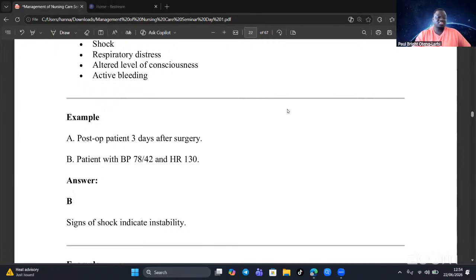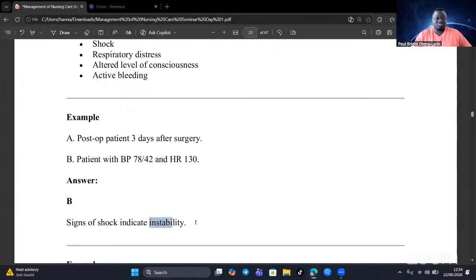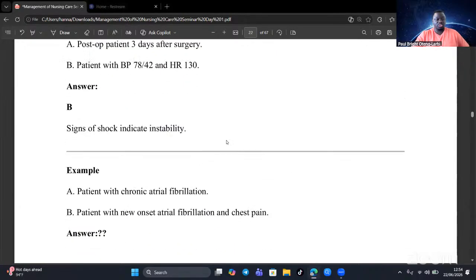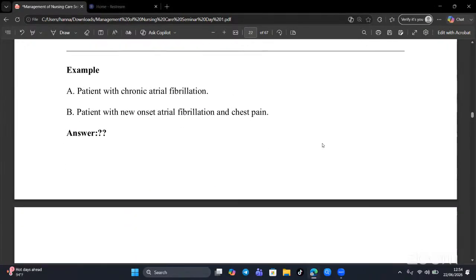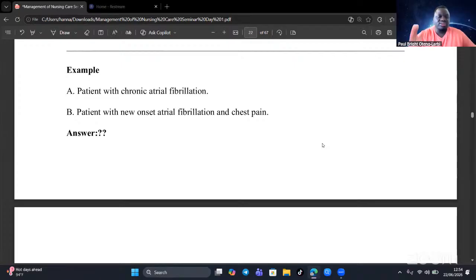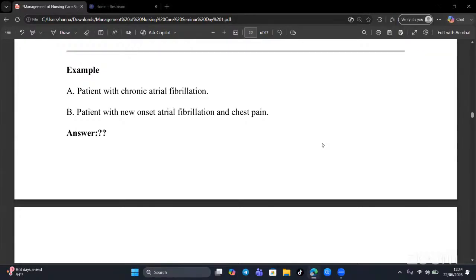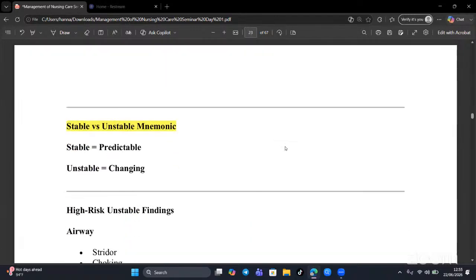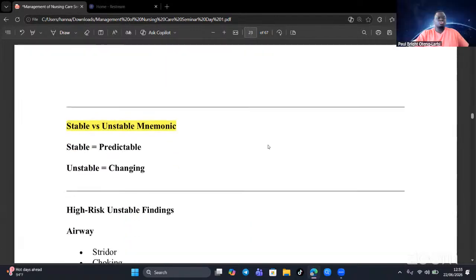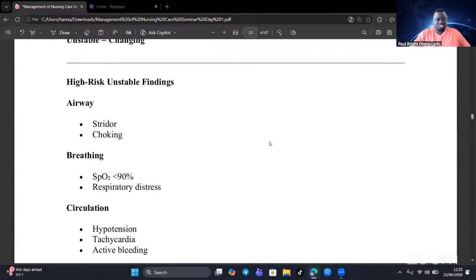Everybody will go for B because of the instability in B. Okay. Answer this. A patient with chronic atrial fib and a patient with new onset atrial fibrillation. Everybody will go for what? New onset. B. So you don't have to worry yourself that much.